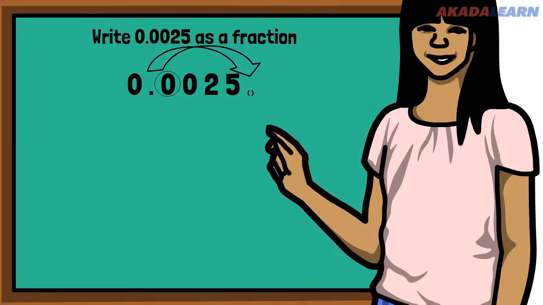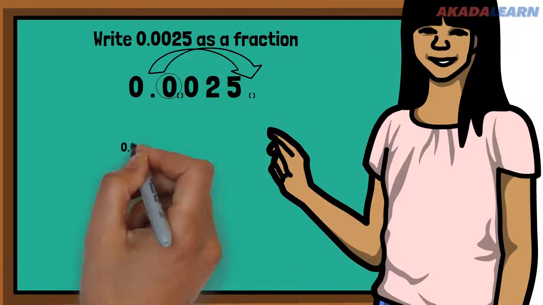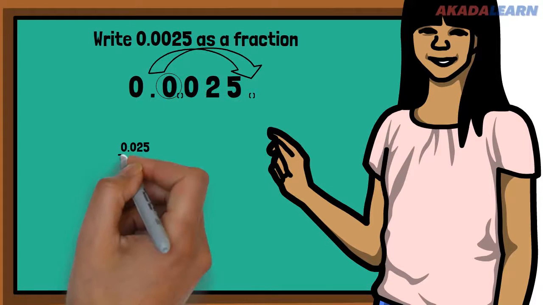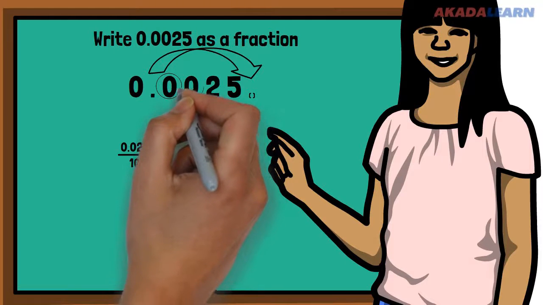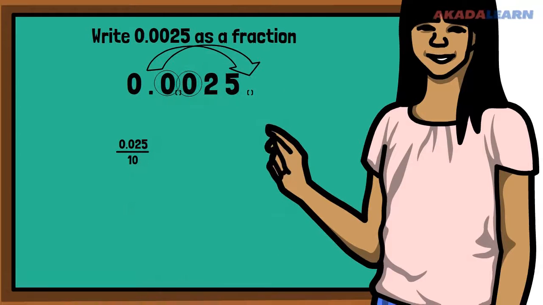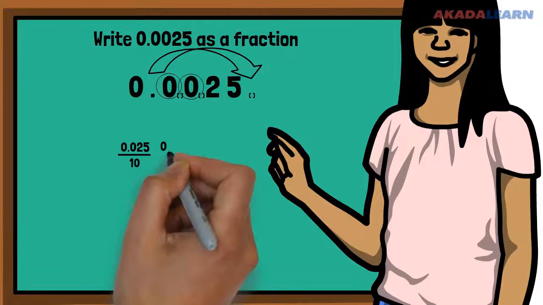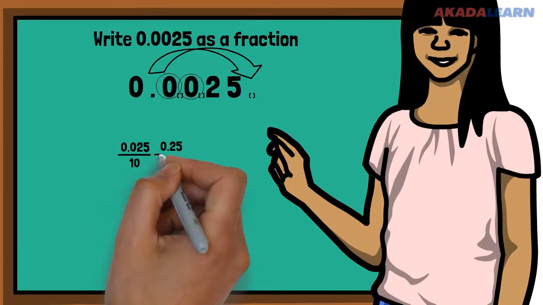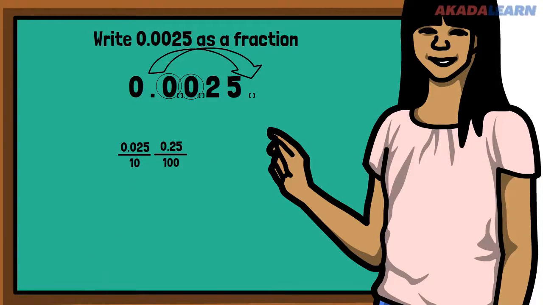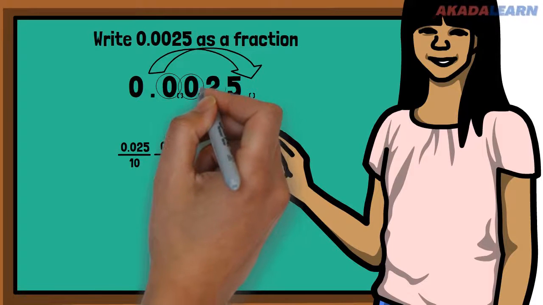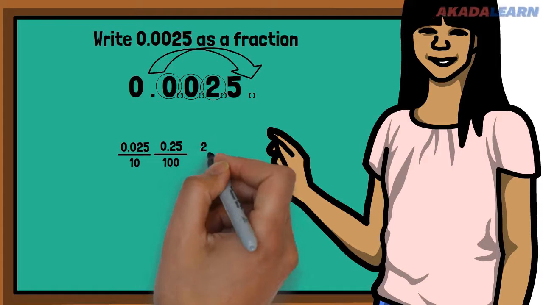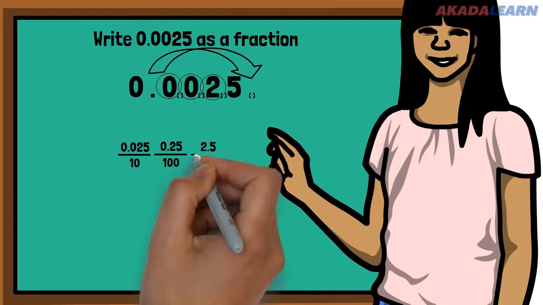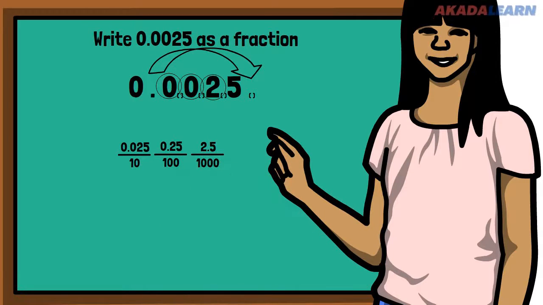We move the decimal point once to this point, that becomes 0.025 over 10 since we moved it once. Alright, let's move it again, to that point, that becomes 0.25 over, this time, 100 since we have moved it twice. Move one more time again, so the decimal point comes here, that's 2.5 over 1000.